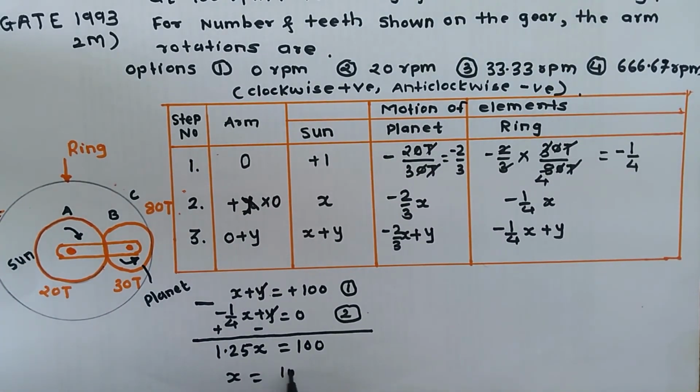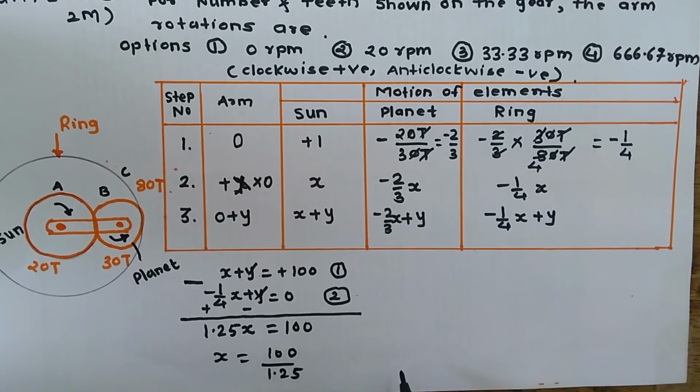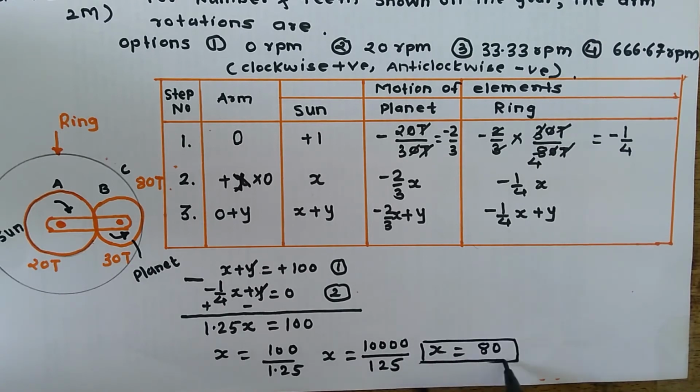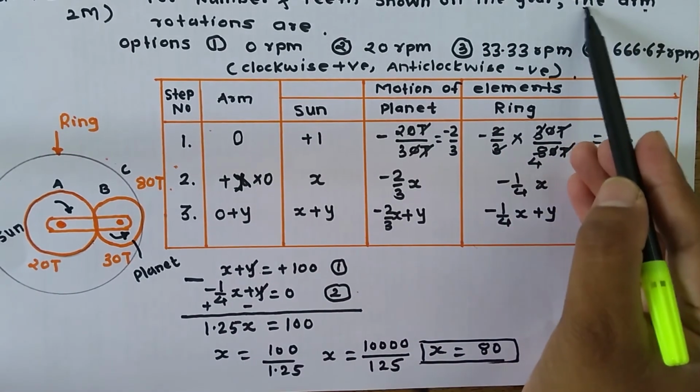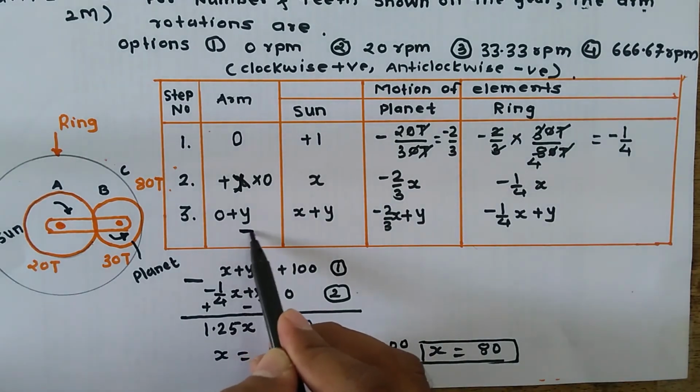Now x = 100 divided by 1.25. After calculation, x = 100 by 1.25, which is 10000 by 125, so we get x = 80. In this problem we have to find the rotation of the arm. The arm rotation is denoted by y.